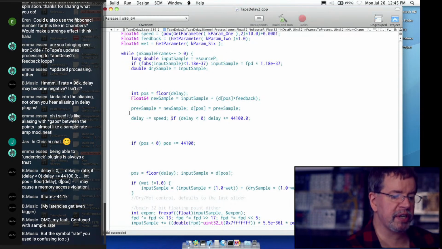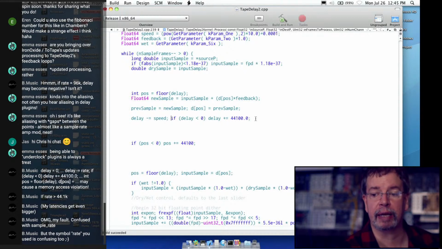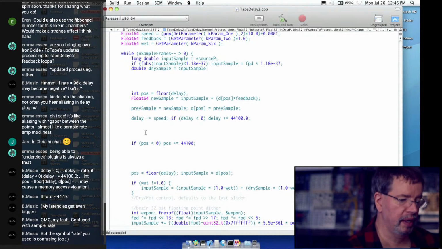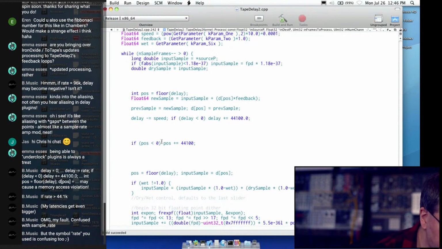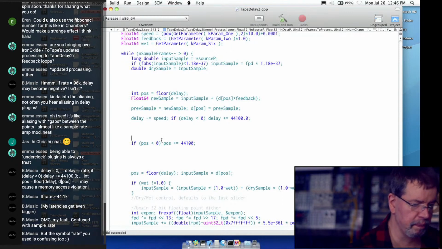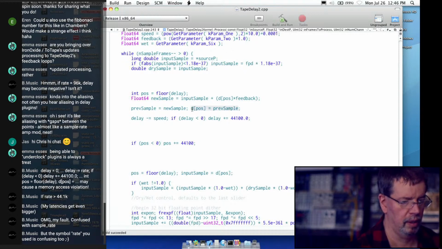That means we could be stepping down, or we could suddenly be plus 44.1K, plus 1 second. This is part of the stepping. This is part of this.